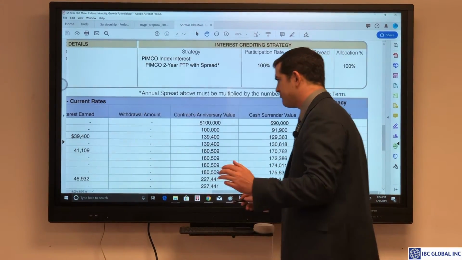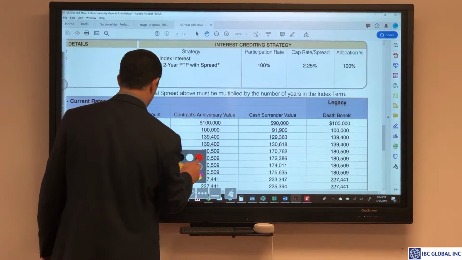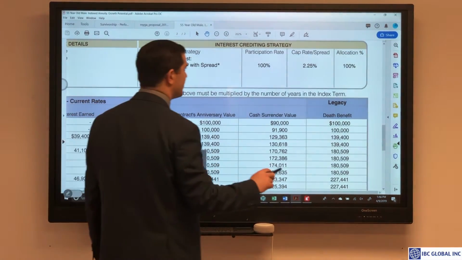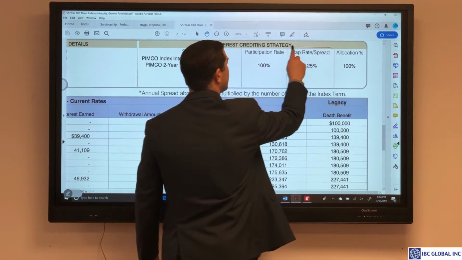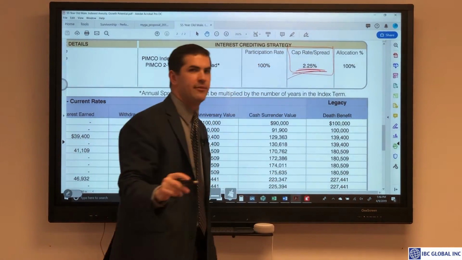Before we look at the values, a potential drawback we want to be aware of is this piece here, cap rate / spread 2.25%.